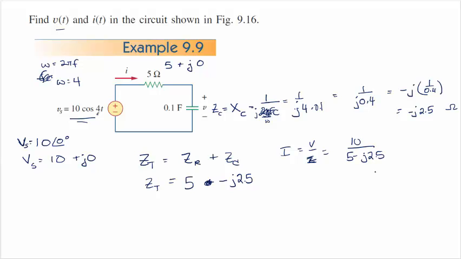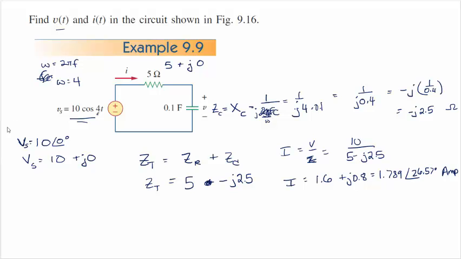And we know how to do that math. So we can do the math, and when we get the answer, we get I in phasor notation is 1.6 plus j 0.8, which equals 1.789 angle of 26.57 degrees amps. We're in amps. Let's not forget our units.